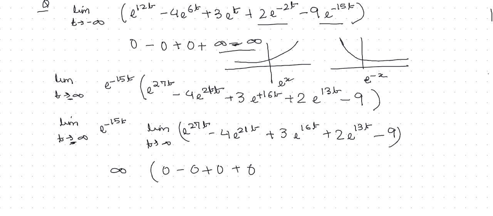So these will give 0 minus 9. So minus 9 multiplied by infinity would give us negative infinity.